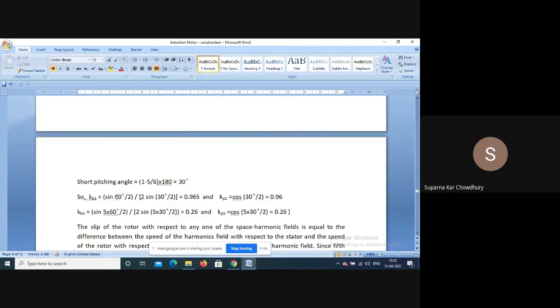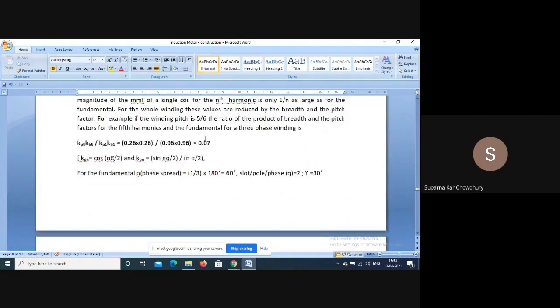KB1 will be sin 60 by 2 over 2 sin 30 by 2, which is 0.965. KB5 will be 0.26. So putting these values, we get 0.07.